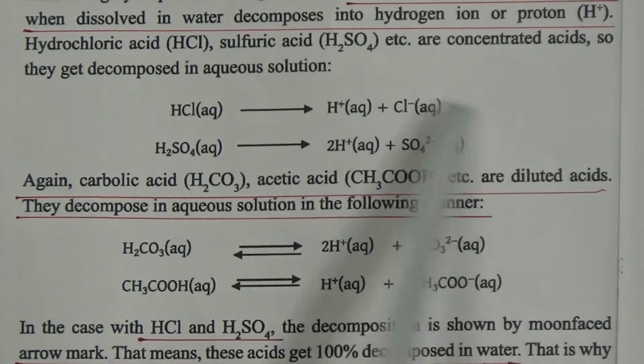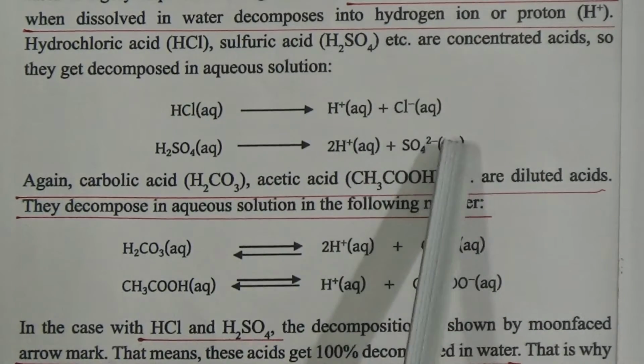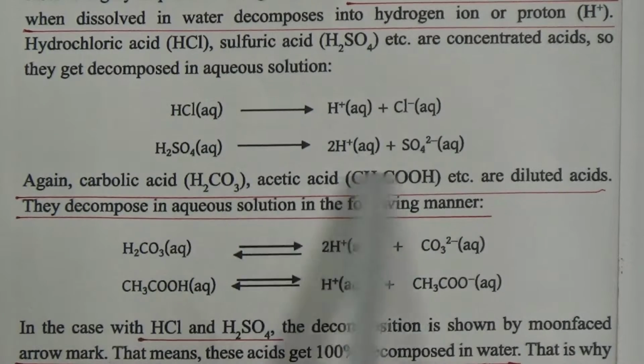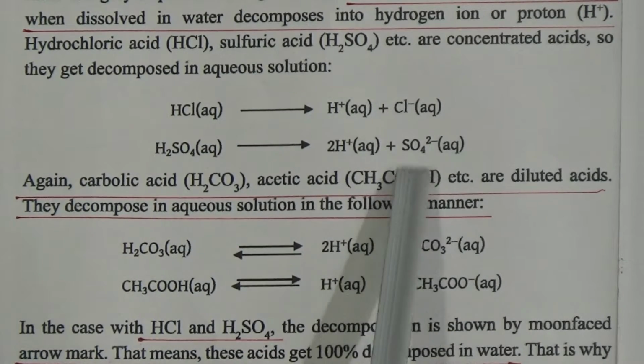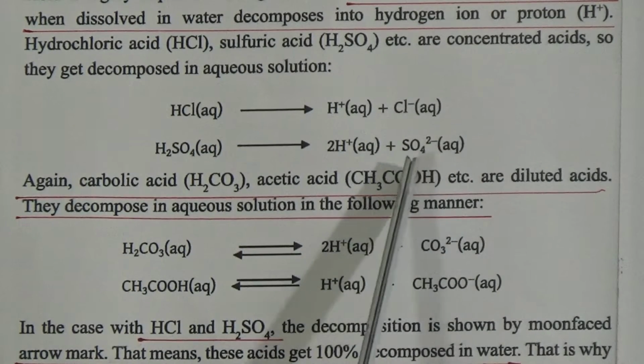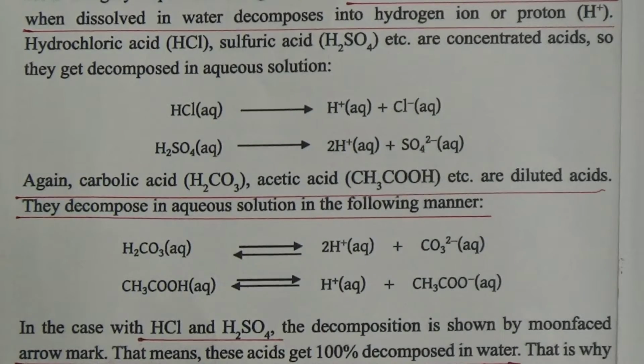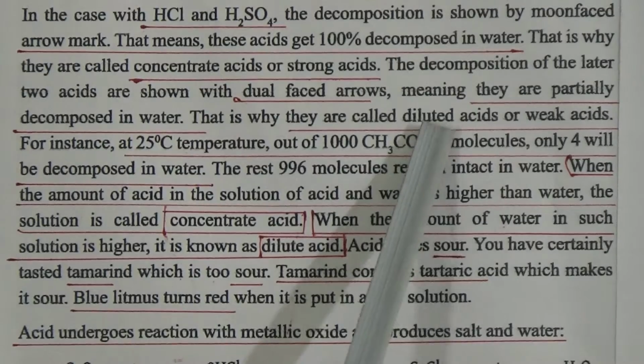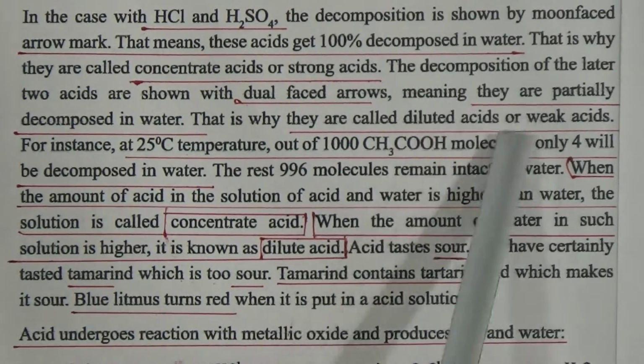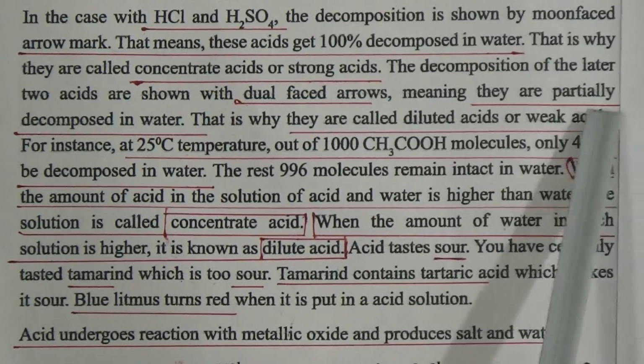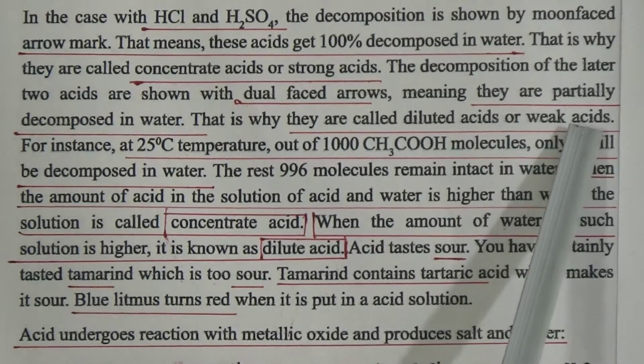And because the hydrochloric and sulphuric acids decompose 100% in the water solution, they are called strong acids. But about the weak acid, they have used the word dilute. You should not be confused, because here dilute means weak, not the dilute solution.